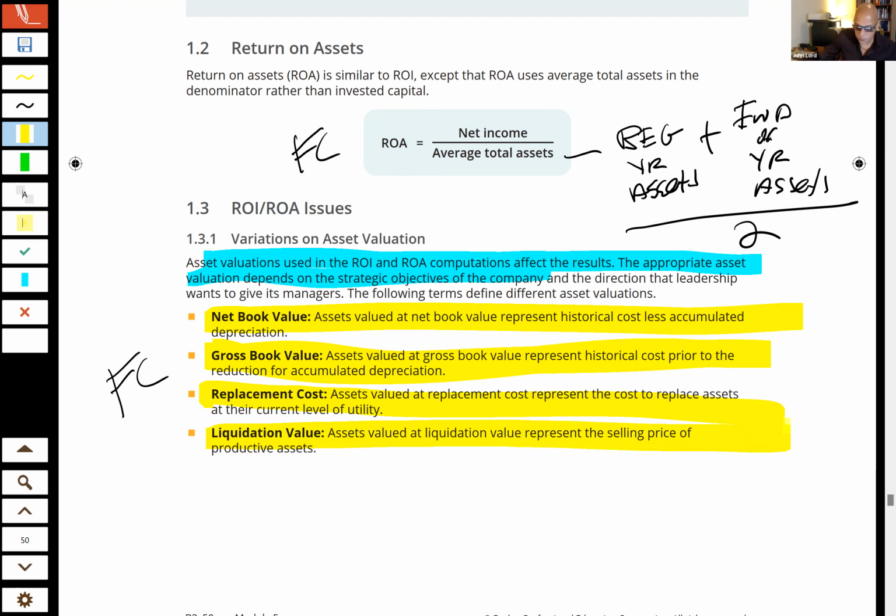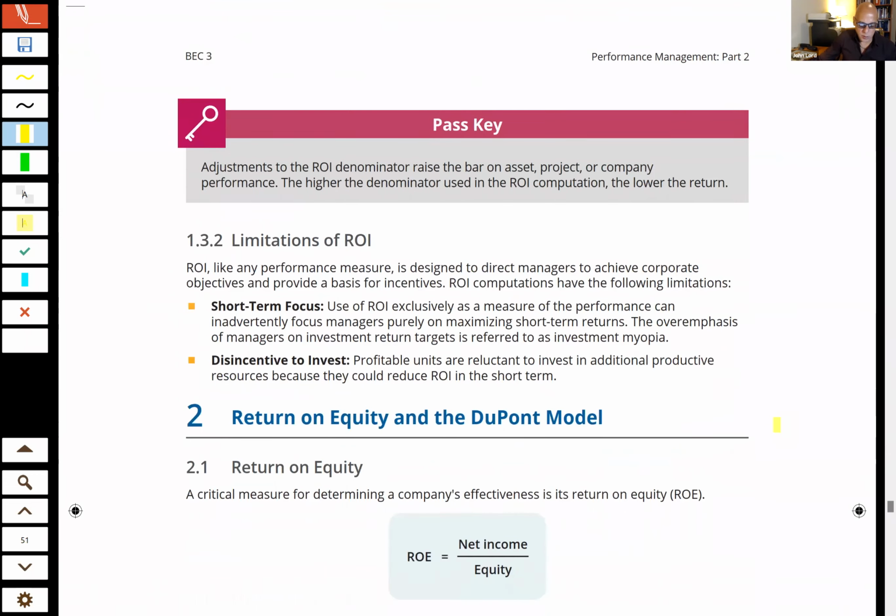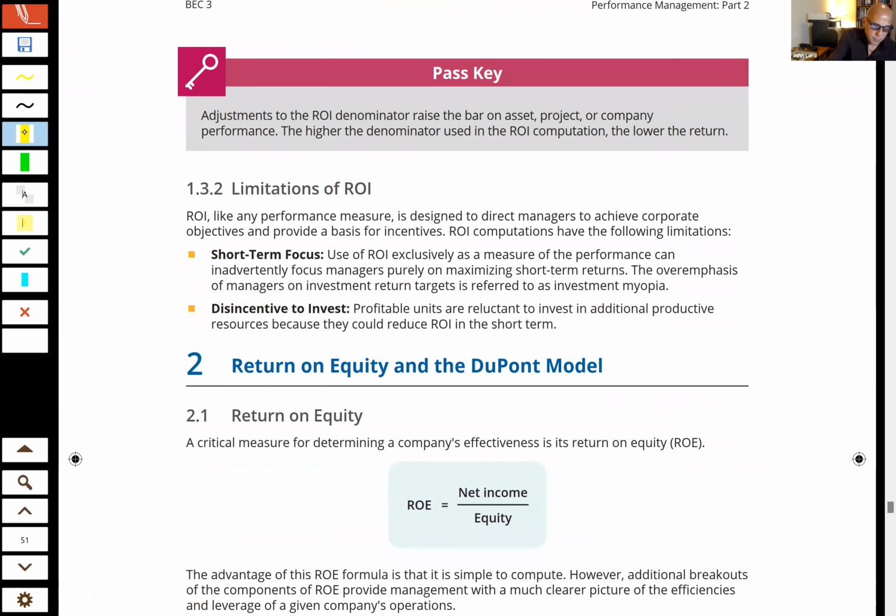Now, some limitations. And I'm going to have you flashcard this because the exam loves to ask about risks and benefits, risk rewards, pros and cons, especially the BEC section of the exam, which would have a written communication task-based simulation. So let's just flashcard these. One is that there's a short-term focus.